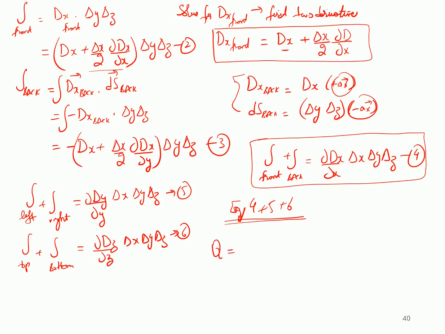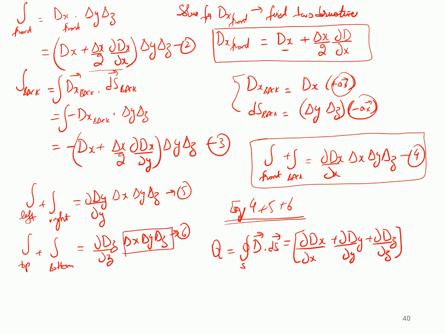So the charge for the asymmetric Gaussian surface is equal to the total charge enclosed on that surface, that is the integral of D dot dS, and that equates to the partial derivative of dx along x plus the partial derivative of dy along y plus the partial derivative of dz along z, times the differential volume element. And if you look at all these three values, delta x, delta y and delta z, in equations 4, 5 and 6, that corresponds to the differential volume element delta V.